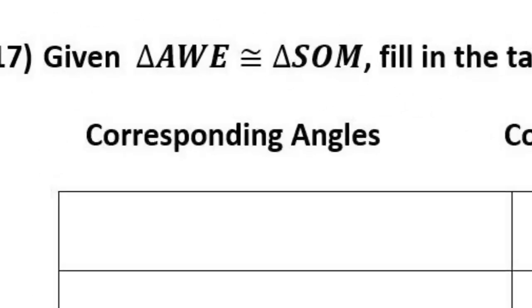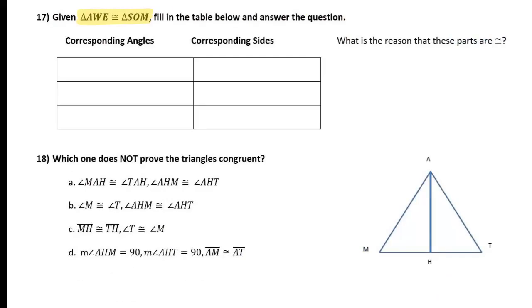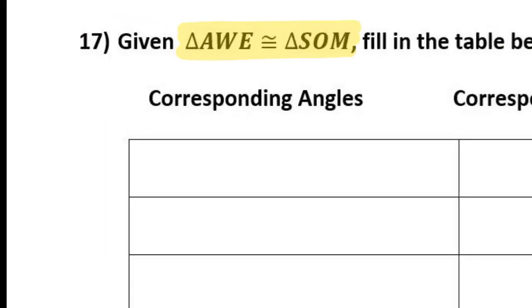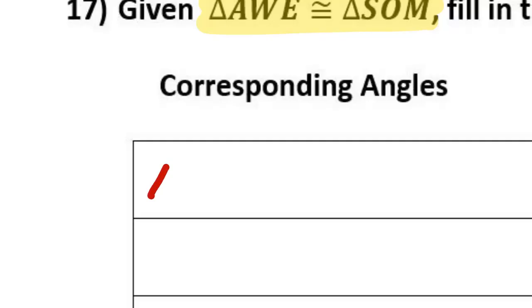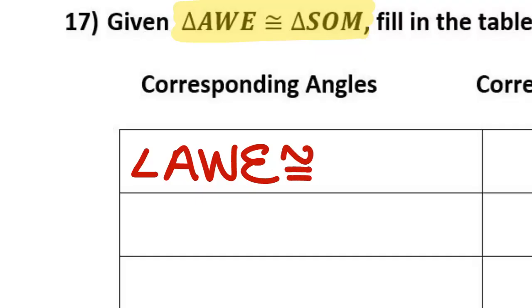Given triangle AWE is congruent to triangle SOM, this is what I'm using right here. Fill in the table below and answer the question. Corresponding angles. Well, I know that angle AWE is congruent to angle SOM.